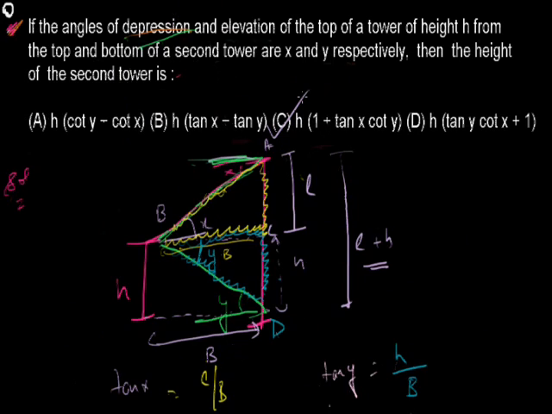So you understand the problem. The important point was that depression is measured from the top to the bottom, and elevation is measured from the bottom to the top. So this was the concept behind this problem.